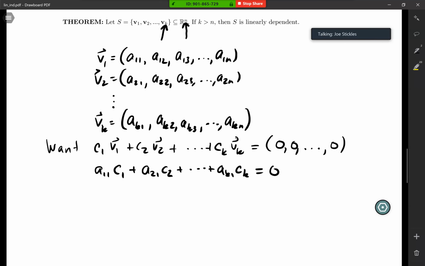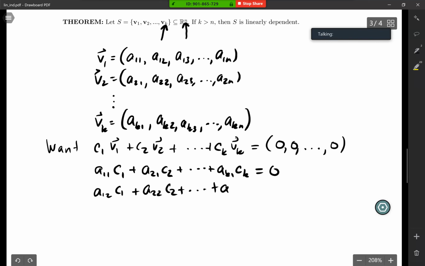And then for second components, you would have A12 C1, A22 C2, up to AK2 CK is equal to 0. And keep going until you get to the last component. So you would have A1n C1, A2n C2, up to AKn CK is equal to 0.